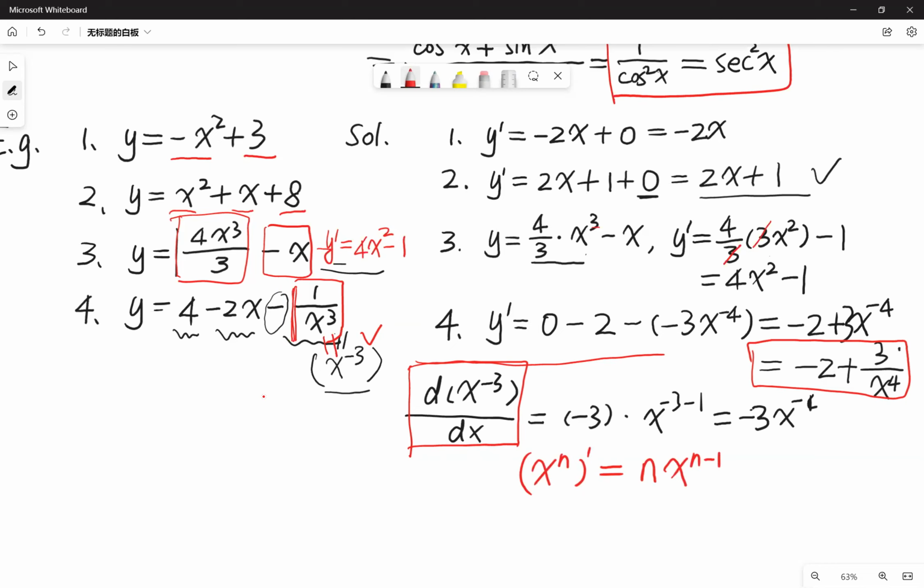Here n is minus 3. Yeah, I understand. Then it equals minus 3x to the power minus 4 here. Any questions? No, Laoshi, we got it.